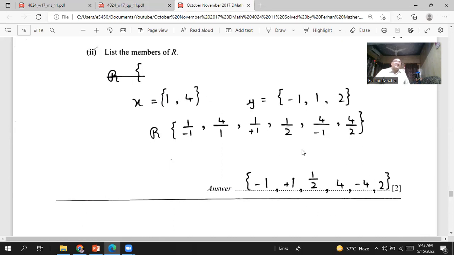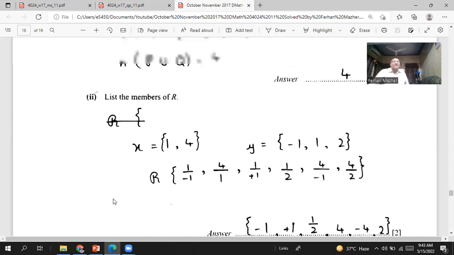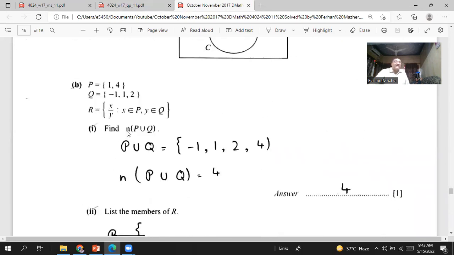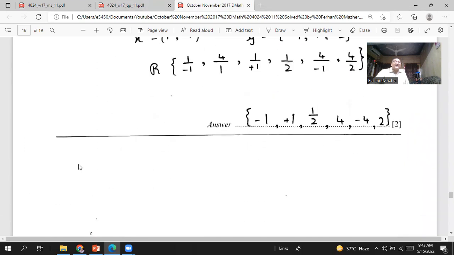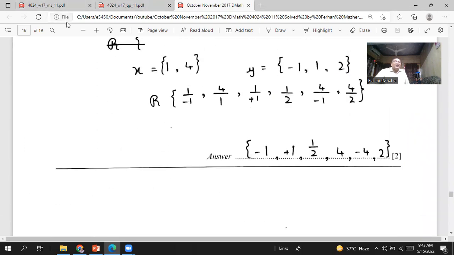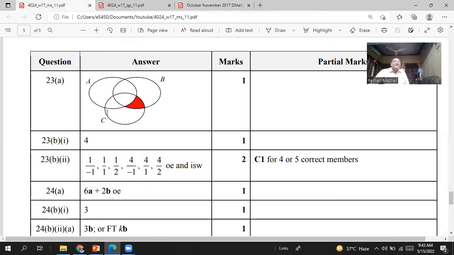So these are the members in R. He told us how to find R. 1, 2, 3, 4, 5, 6. So there are basically 6 members. So our answers are right. That was question number 23.